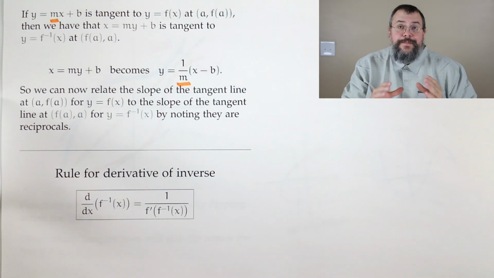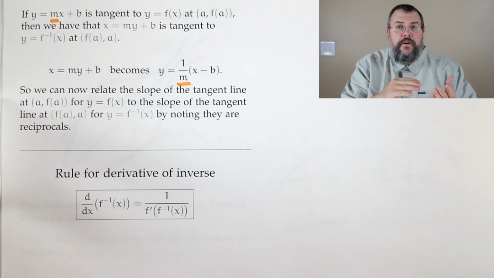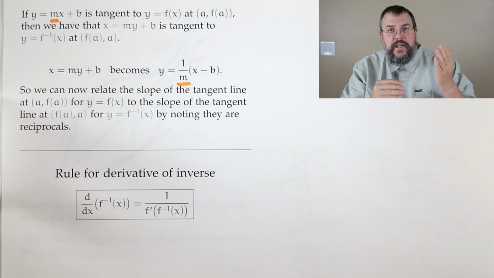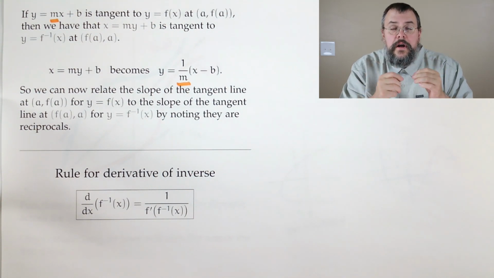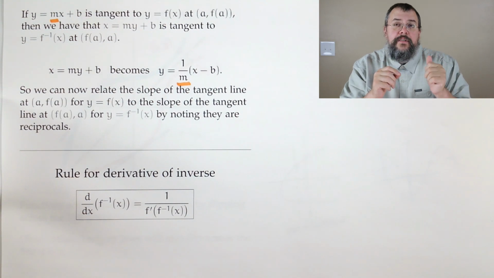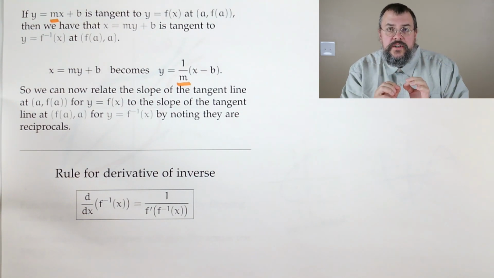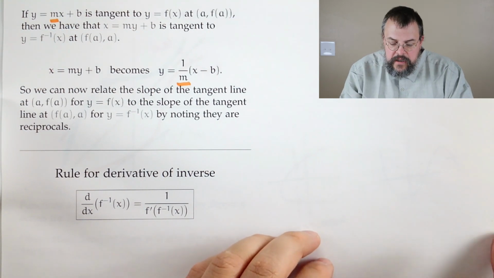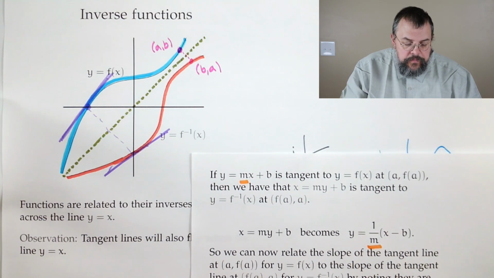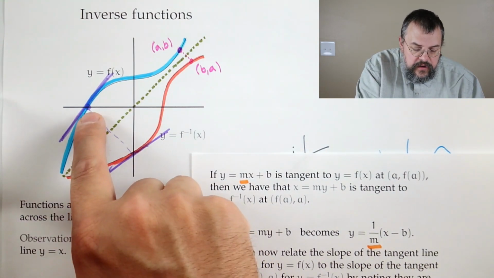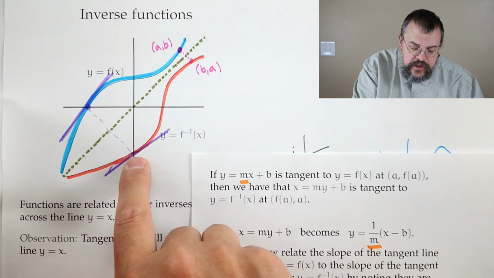All right, so we're almost done. We can now carry through the process. We know the slopes of the function and the inverse are related by this 1 over. There is one caveat: the location has changed. If you go back to the previous page, you see this location's input, the x coordinate, is different from that location.